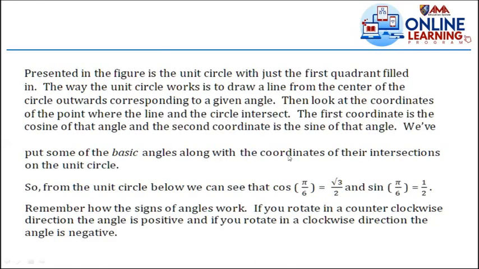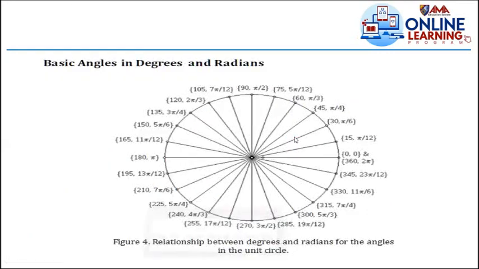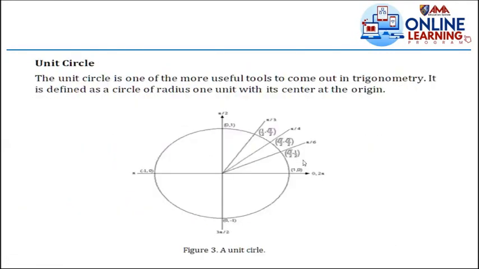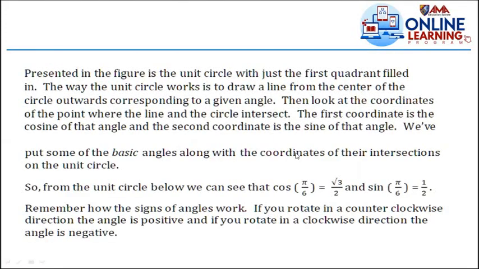And also, the second coordinate is the sine of that angle. If this one is 1/2, sine 30 degrees is equivalent to 1/2. So that's the way how we're going to use the unit circle. So put some of the basic angles along with the coordinates of their intersections on the unit circle.